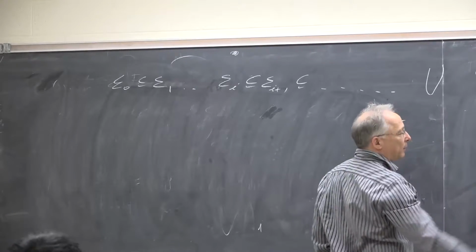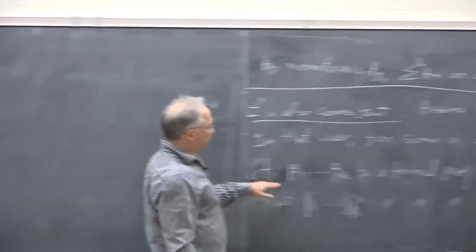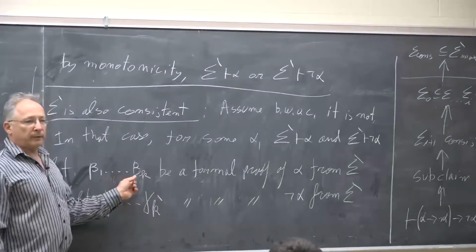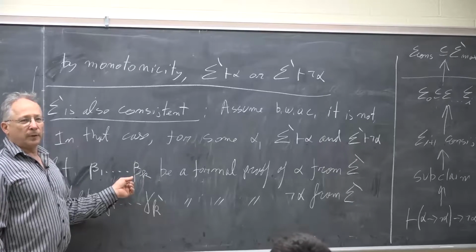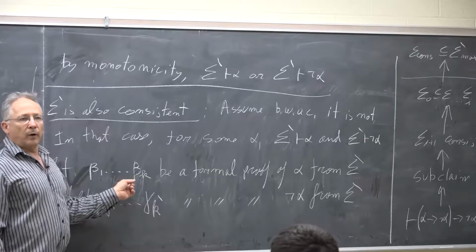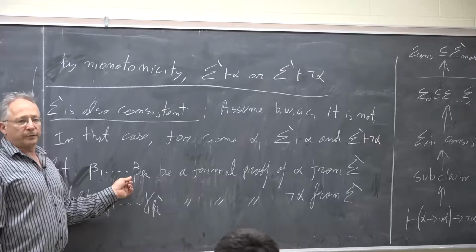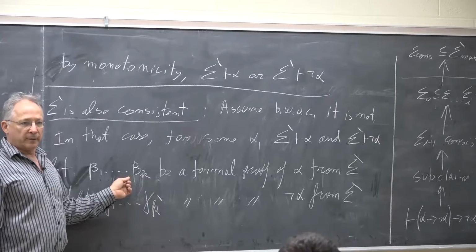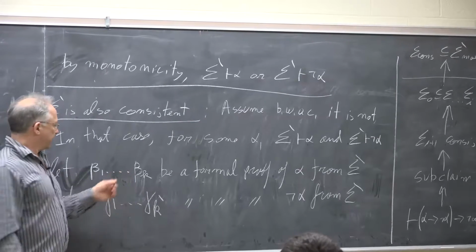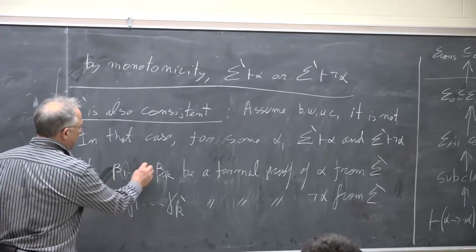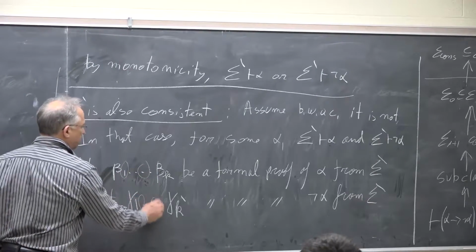So for each of those proofs, we can check what is a proof. A proof is a sequence such that every element here is either an axiom or an assumption, or it follows from previous ones by modus ponens, right? So what I care about is the assumptions. So I'll collect all the assumptions from both of these proofs.